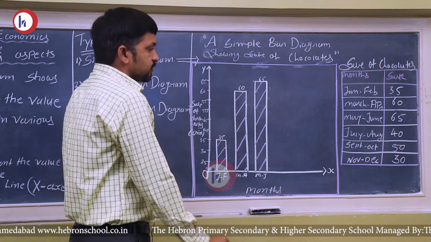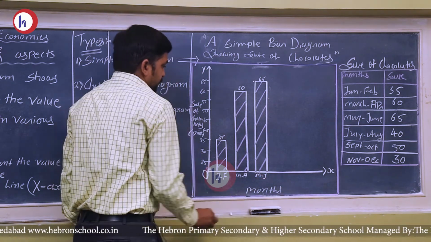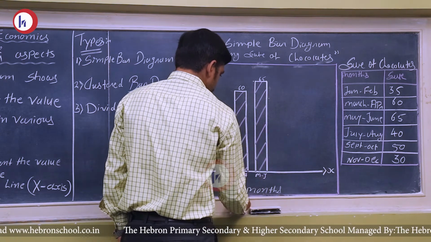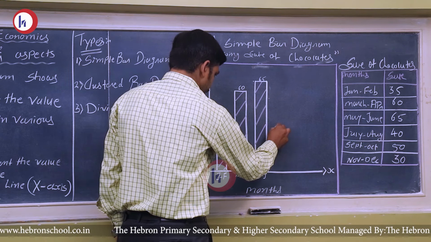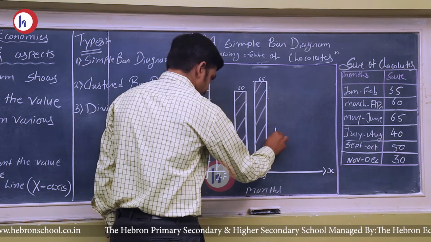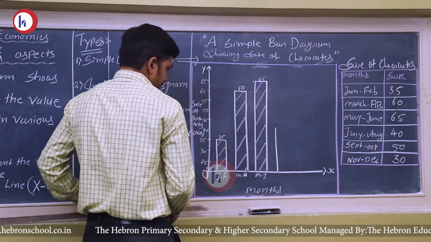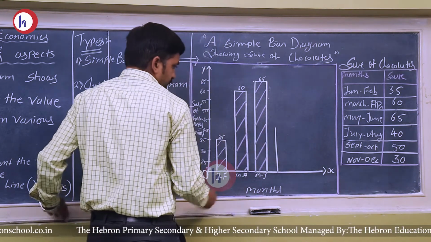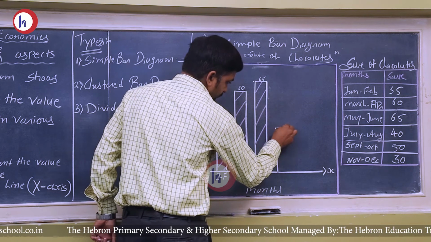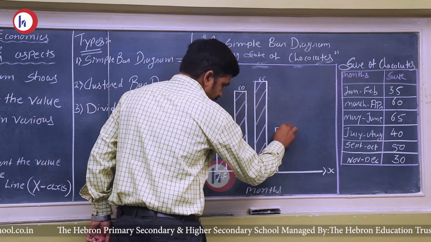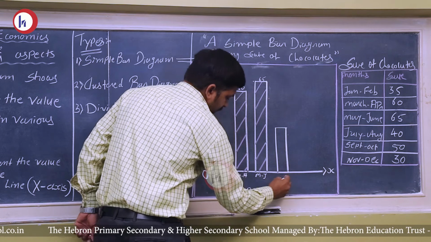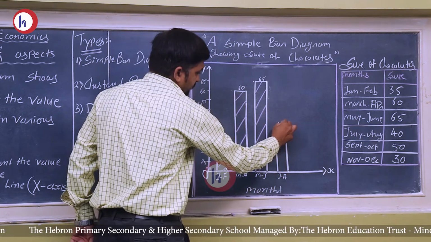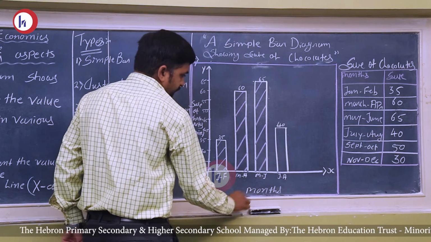Then for July and August, it is 40. For July and August, the sale of the chocolate is 40.